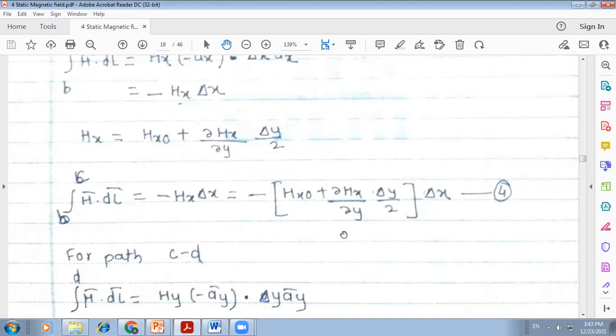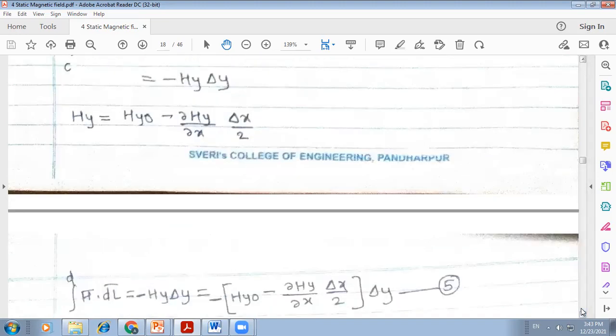Okay. So similarly, find for path CD and for path DA. I think we'll see that in the next lecture because today many students are absent here. We'll see the remaining part in the next lecture so that the remaining students will also understand how to take this.